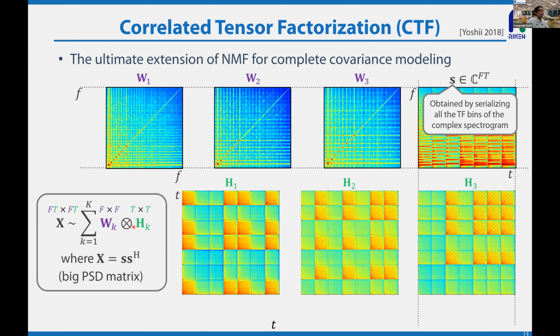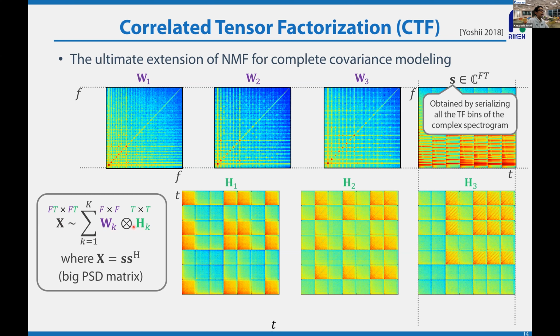Okay, let's go back to the basics of CTF. This is our mathematical formulation of CTF. This is a reconstruction obtained by using basis frequency covariance matrices and basis time-domain covariance matrices, and X is the observation.